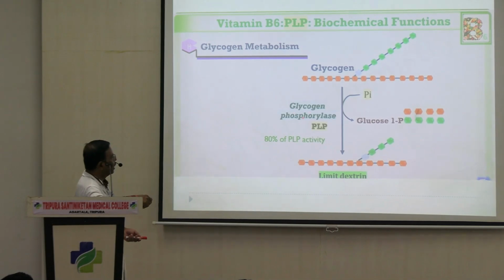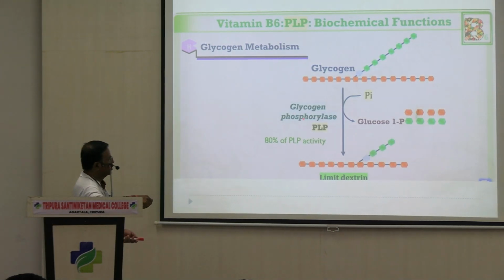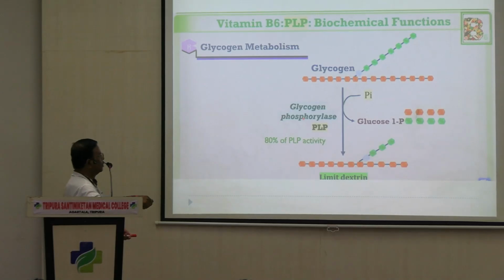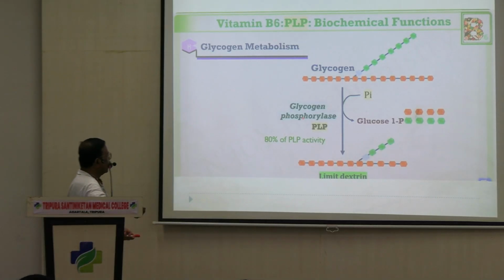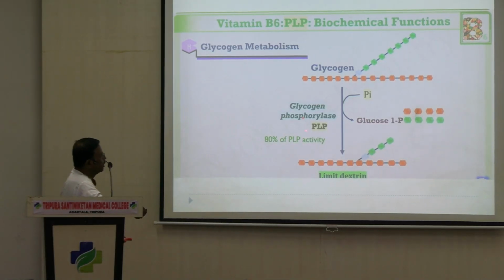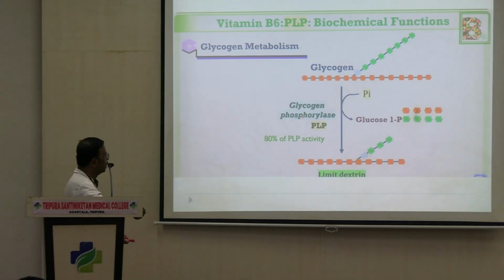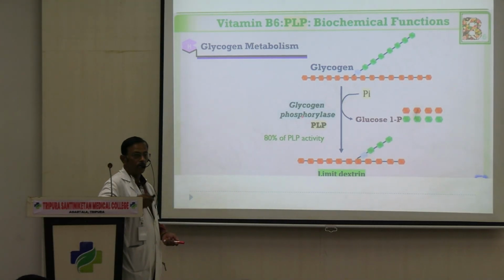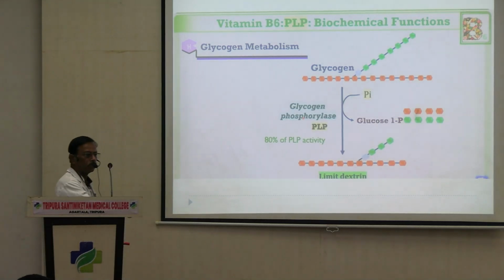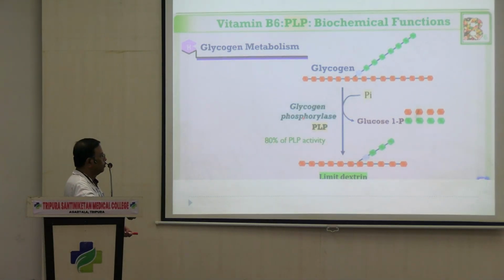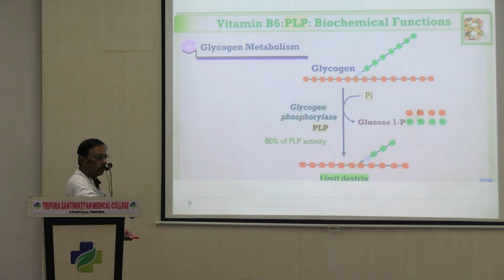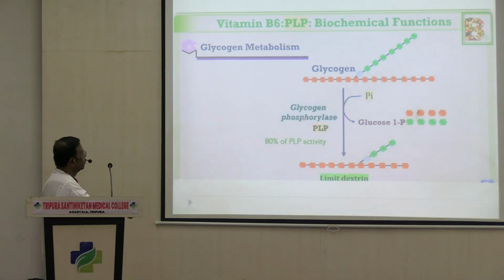It is acted upon by glycogen phosphorylase. Okay, glycogen phosphorylase, and 80% of glycogen phosphorylase is a PLP dependent enzyme. It requires PLP. 80% of the PLP is found in the muscle. Majority of the PLP is involved in this glycogen metabolism.